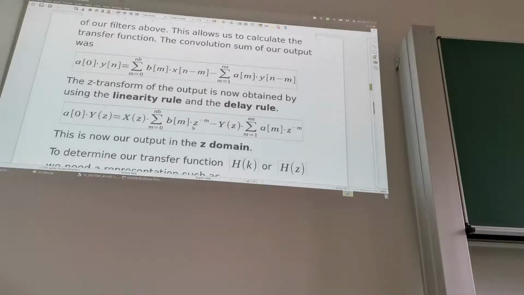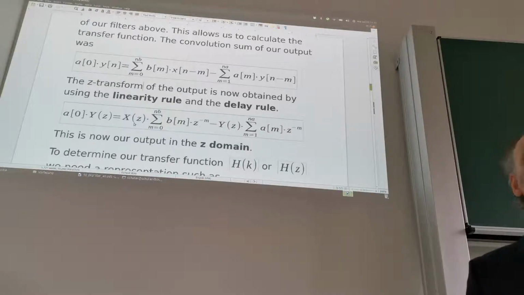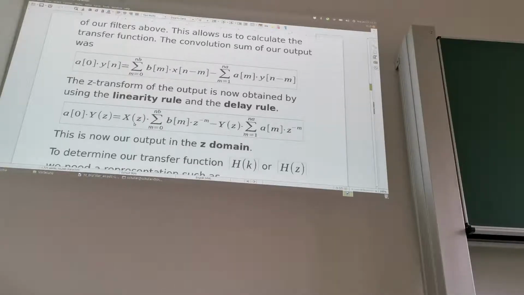See, this is what I mean with simplifying the sum for different delays. This allows us to factor out the signal. So now instead of having different versions of the signal, we just have one version, capital X of z, followed by a sum as a factor. And this sum contains the z to the minus m, which now come from the delays.